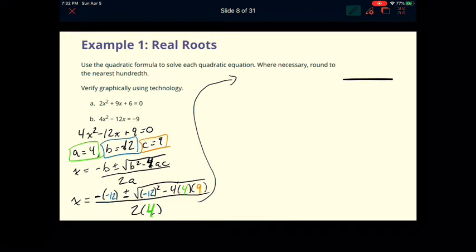So again, x equals, so a negative times a -12 is +12. Remember the plus or minus square root of -12 squared.